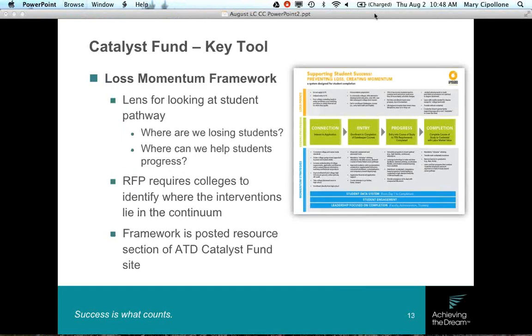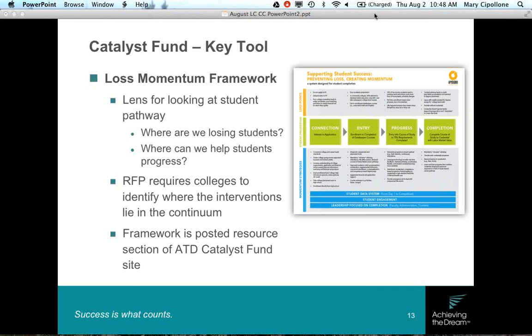Next, defining and explaining some of the key terms and tools, we find the loss momentum framework to be a very useful tool for discussing the progression of students through the community college system towards completion. We will be using this framework throughout the Catalyst Fund work.